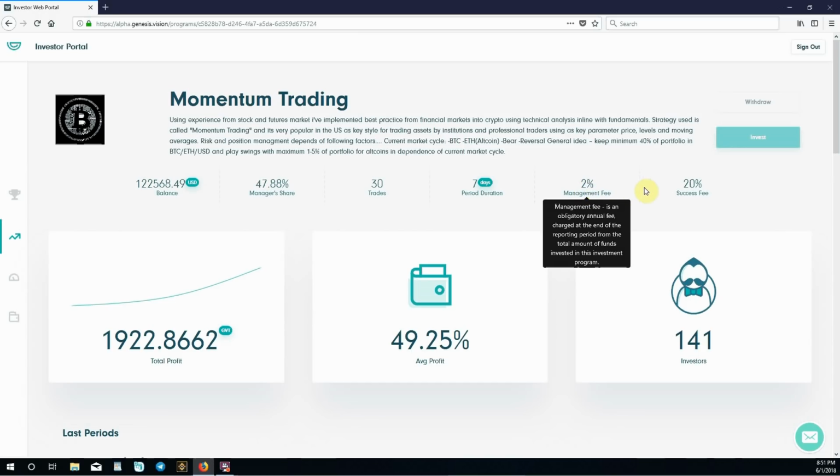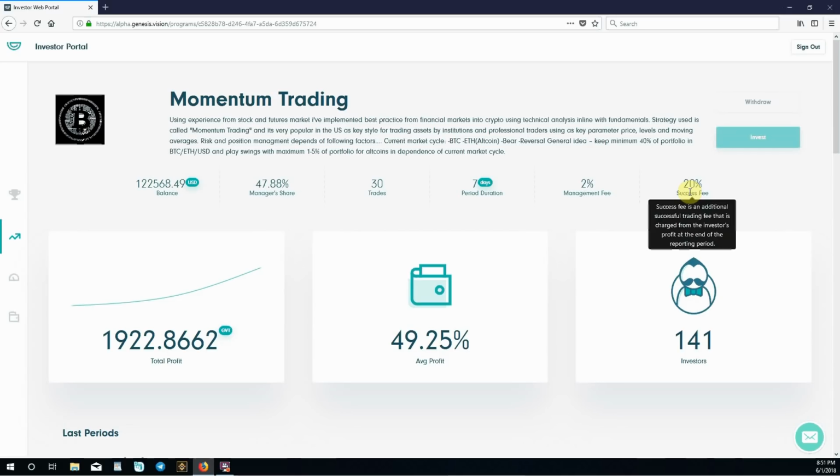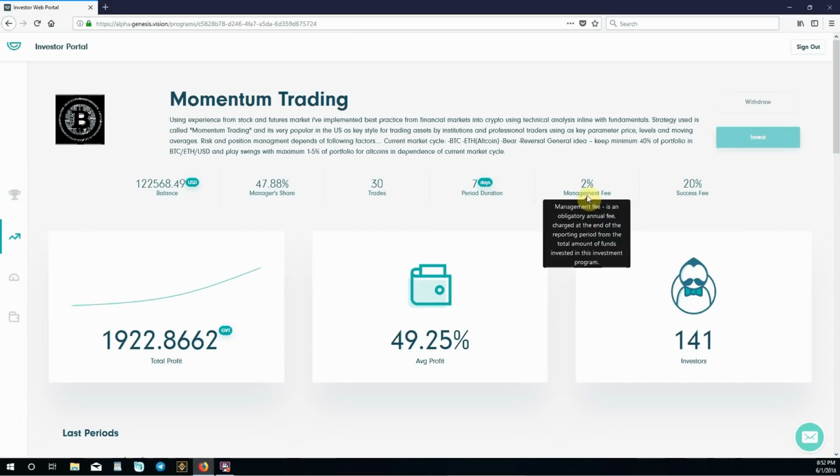A success fee is an additional successful trading fee that is charged from the investor's profit at the end of their reporting period. What this means is if a manager is successful with your money and they make a profit, they're taking 20% off the top plus the 2% management fee. So for instance, if you gave them $100 and they made you $100 on it, they're going to charge you 20% of that profit, which is going to be $20 out of the $100 profit, plus another 2%, which would be another $2.